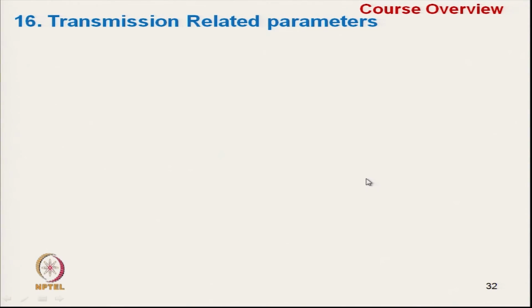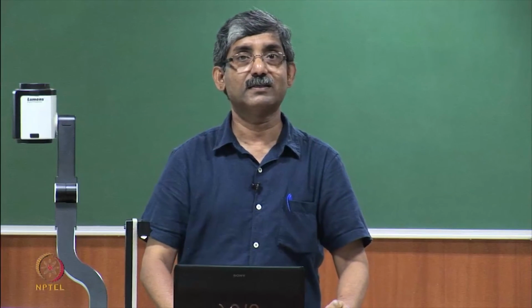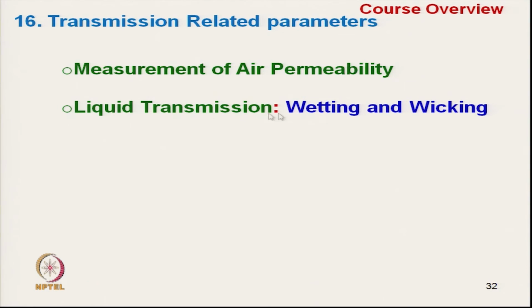Okay. And next is the transmission characteristics of textile material. Transmission characteristics start with air permeability. So, basically any fluid transmission through material we will discuss. Measurement of air permeability we will discuss. Then liquid transmission, so wetting and wicking.